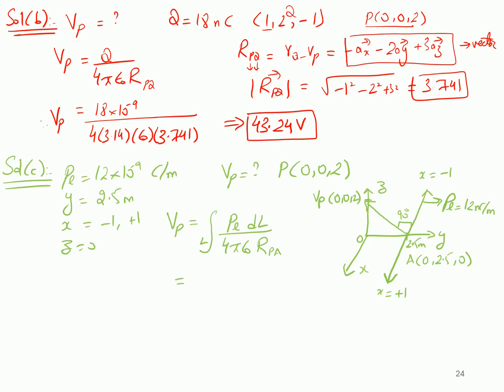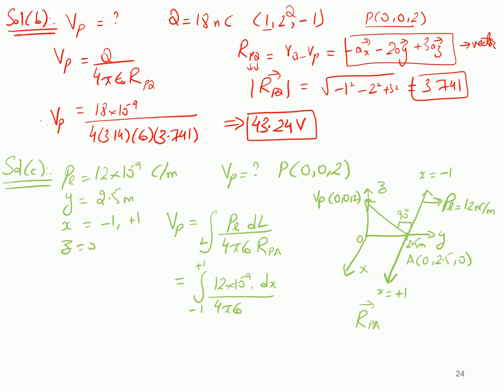So the range of the line is from -1 to +1 for the x-axis. Rho L is 12 times 10 raised to power -9. dL is basically along the x-axis only, so we can say it is dx, and we have 4 pi epsilon. Now what is RPA?